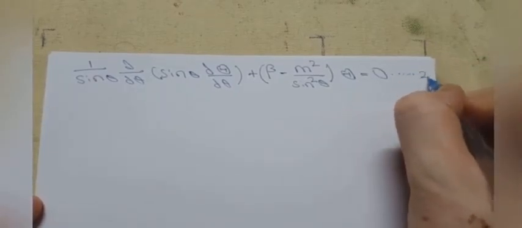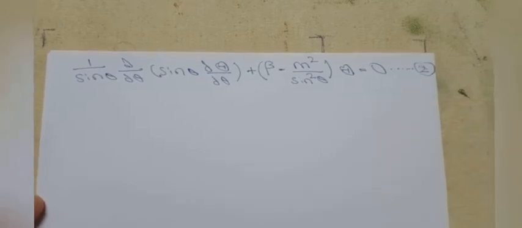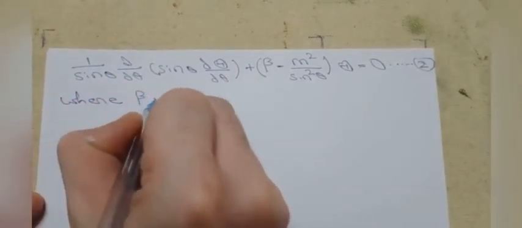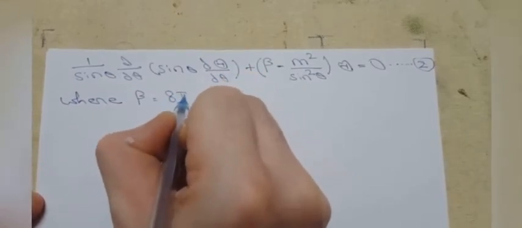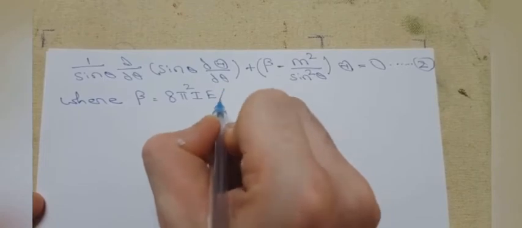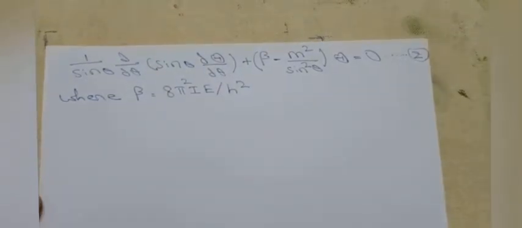Let this be equation 2, where beta is equal to 8 pi square I E divided by h square.